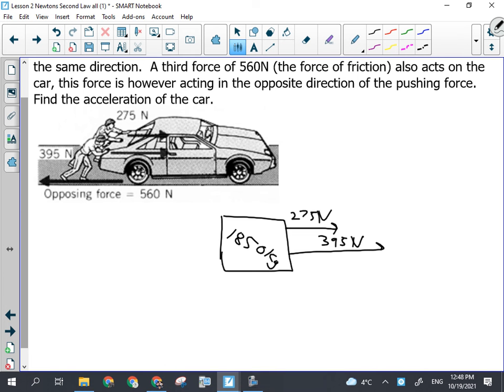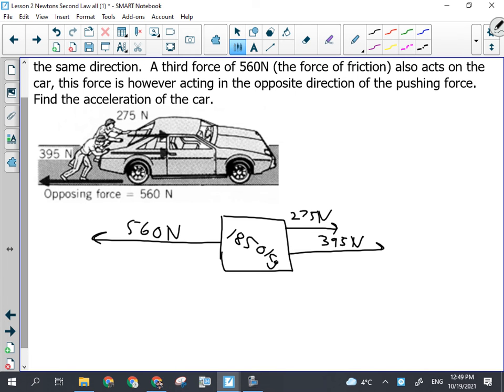And then I've got the force of friction opposing. All right, that's how you write your givens in Unit 2. If you've got a Newton's second law question, your free body diagram is your givens. It includes your mass and all the forces that are acting.